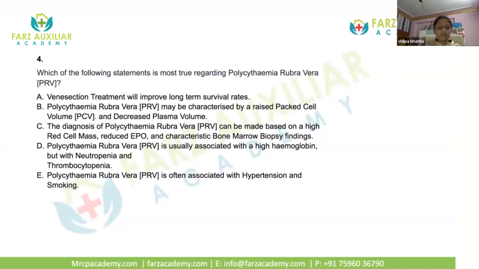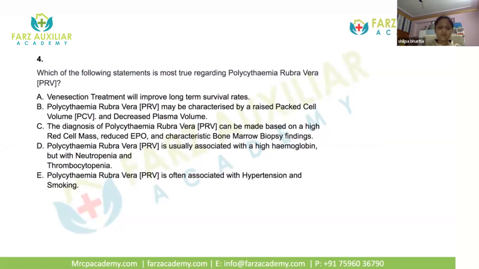Yes, so it's not really blood cancer, but it's a myeloproliferative disorder, a mutation-driven pathology. The gene JAK2, which is responsible for controlling your RBC production, is mutated. It is called JAK2 mutation.